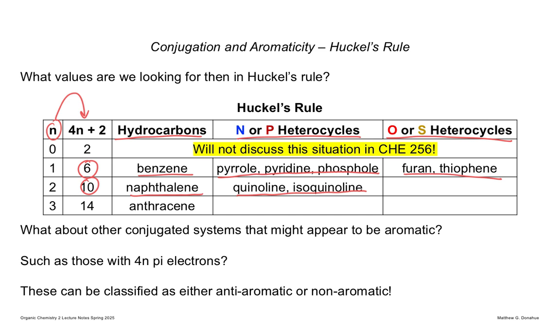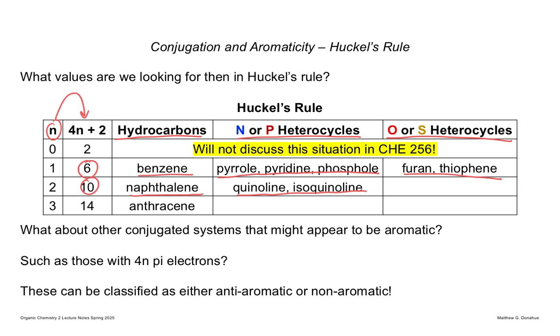And you can see that based on what n is, you're getting a specific integer value for the number of pi electrons. So number 1, there should be no odd number of pi electrons based on what the equation is. So if you see something that says there's 13 pi electrons, you can immediately say it's not aromatic.